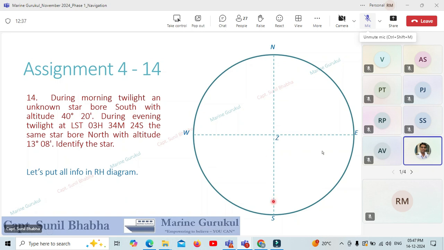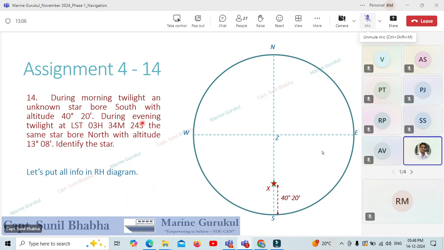On this line ZS, point S represents the horizon. If you go 40 degrees 20 minutes away from it, this is the location where the star is. So we have shown the star's position at the time of morning twilight, and let's mark that position as X.